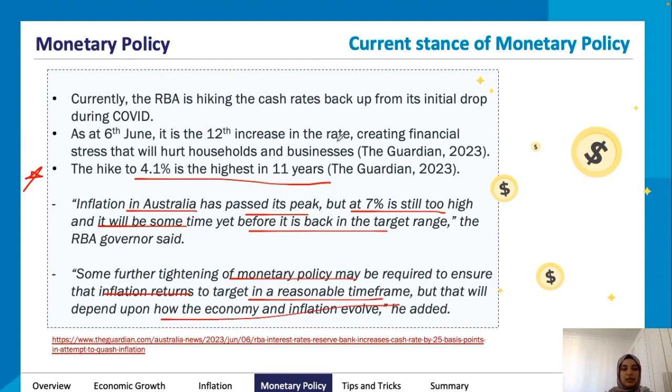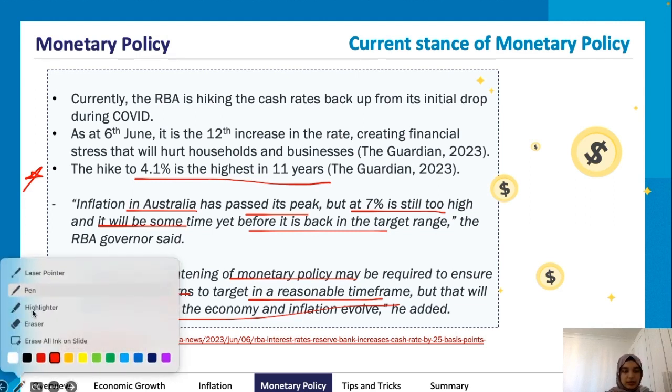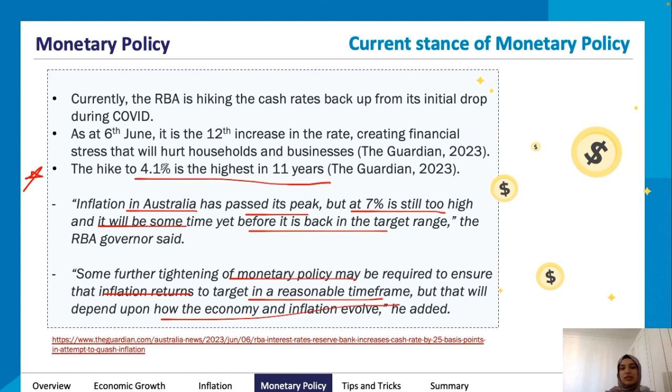Okay, so what he said, if I highlight, they said that they want to try and get back into the target range. So you can definitely mention that in the essay.